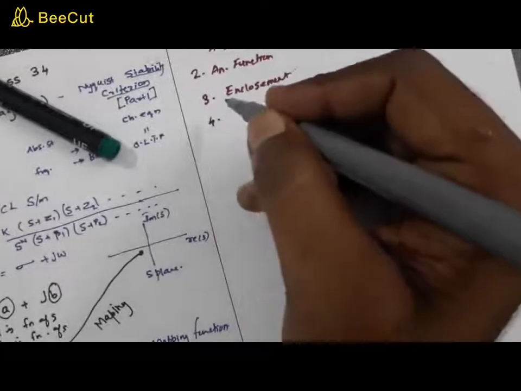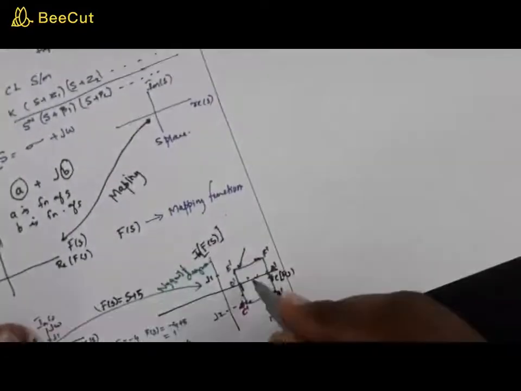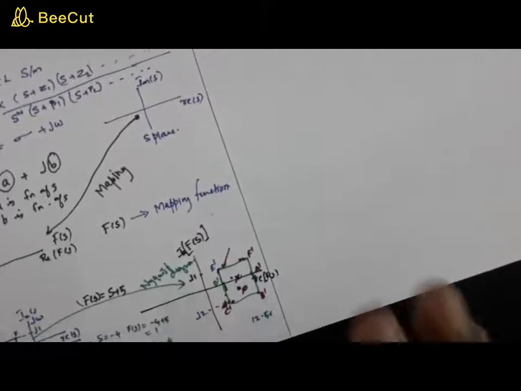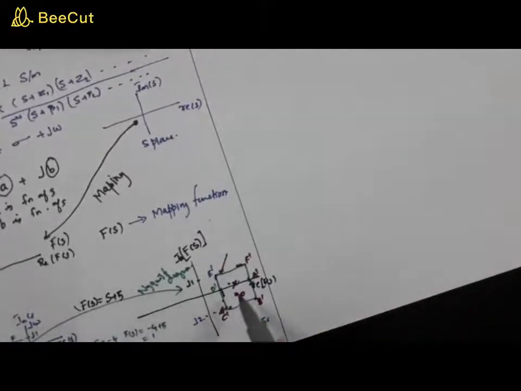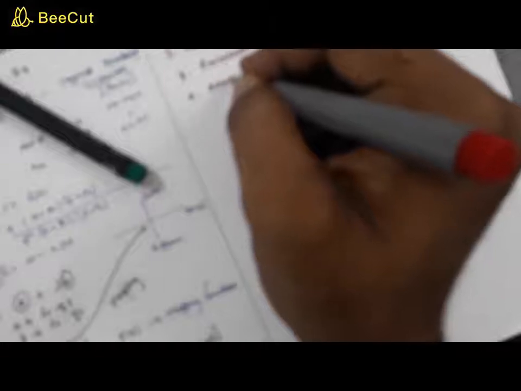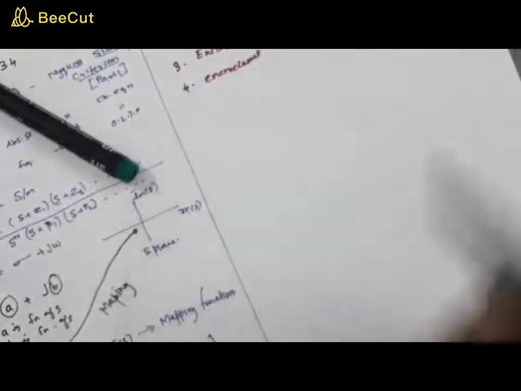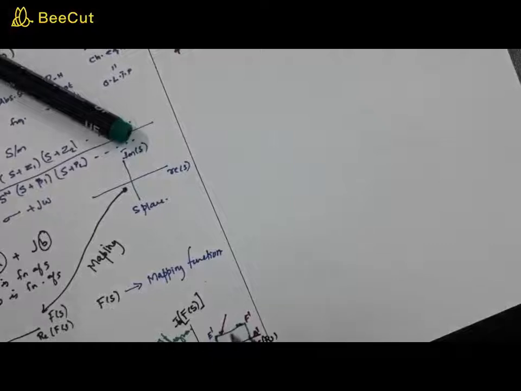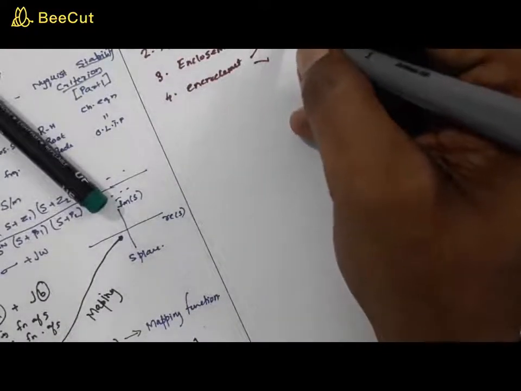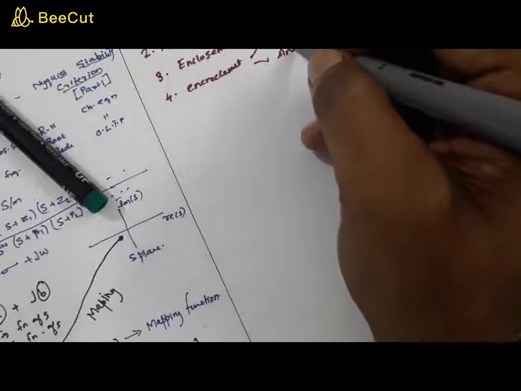Now the fourth one. Suppose I am considering a point here, say P. This is the point of interest. When this point is encircled by this contour, that is called an encirclement. This encirclement can be in both directions, clockwise or anti-clockwise.